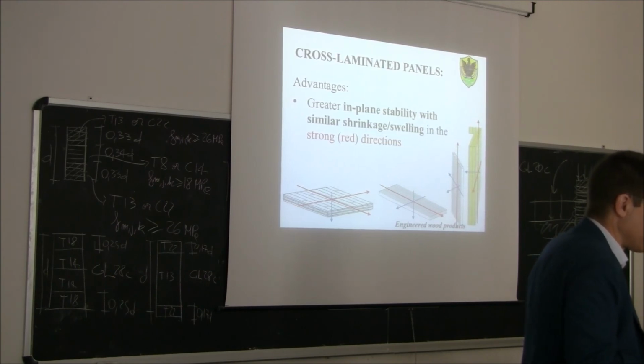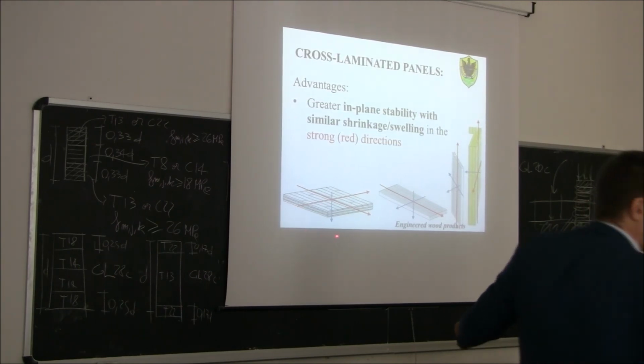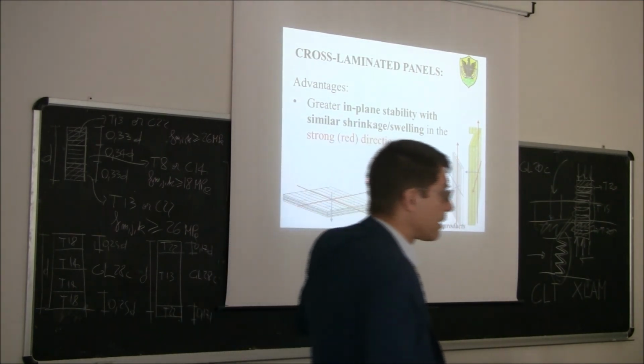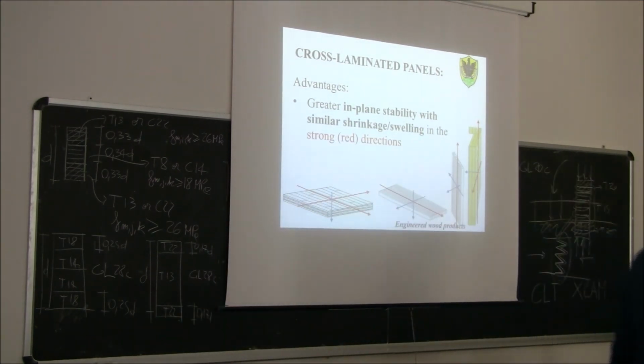Okay? What's happening in the other direction? Is there any difference in the other direction? There are more layers perpendicular to the grain that would like to shrink, but there are still 2 layers parallel to the grain that don't want to shrink.